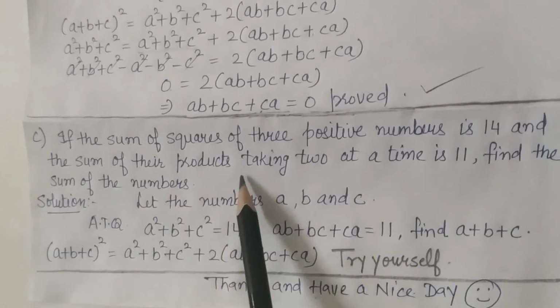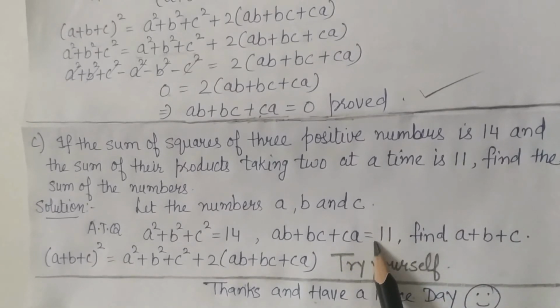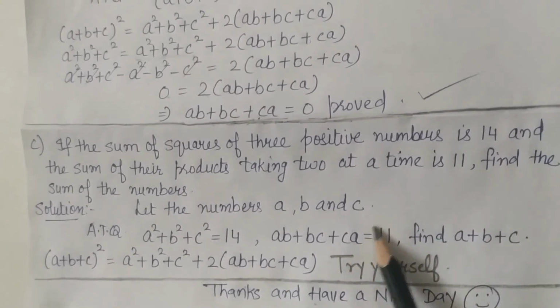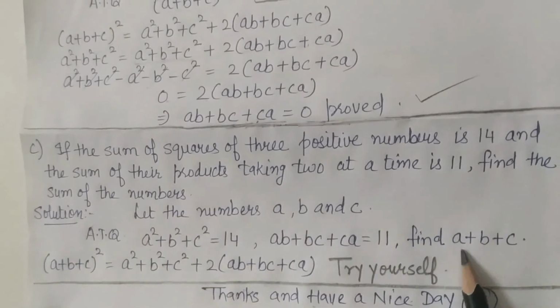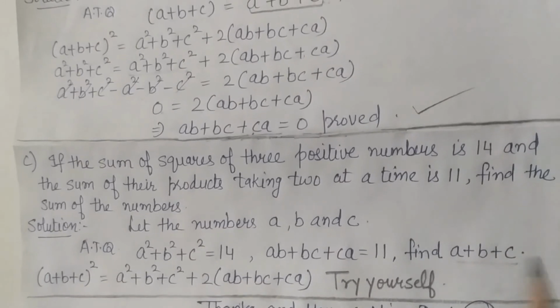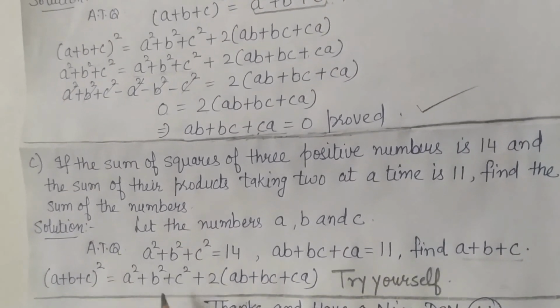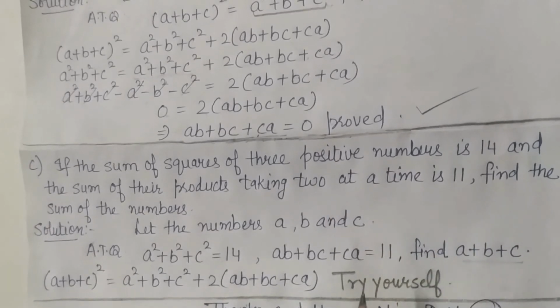The sum of their products, AB plus BC plus CA, is equal to 11. Find the sum of the numbers. Sum of the numbers means A plus B plus C. Clear? Use this identity and put the values. By this you can find the answer.